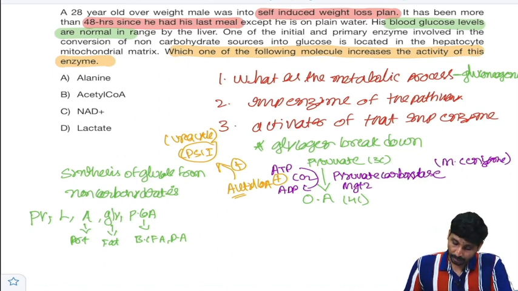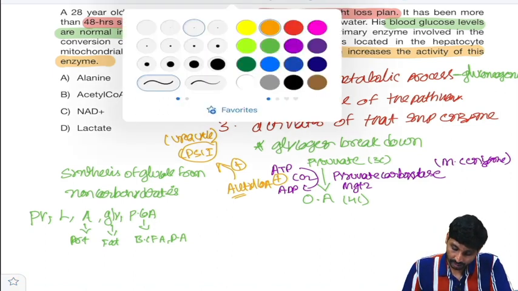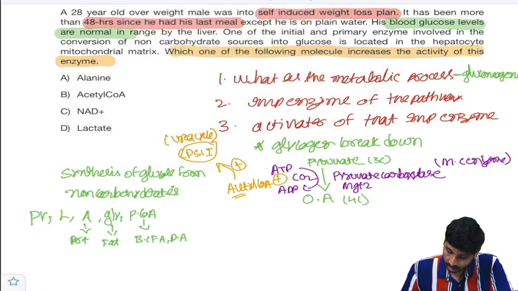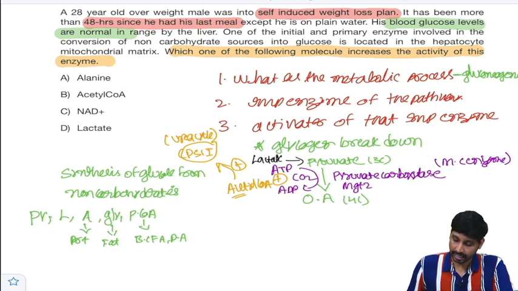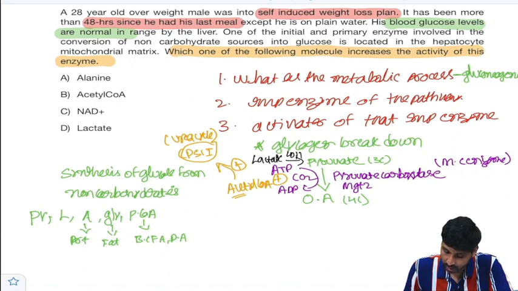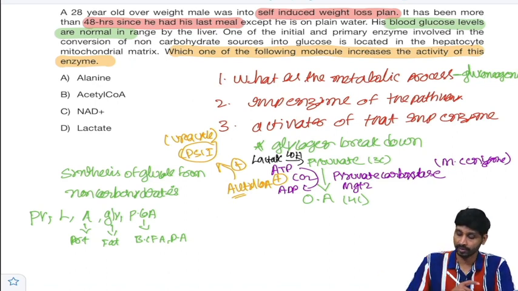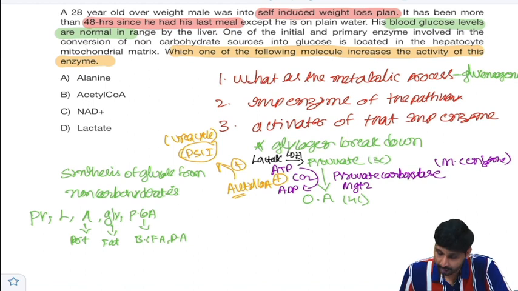We have said pyruvate has come, and one more thing here, lactate. Lactate can be converted back to pyruvate. What is the enzyme? Lactate dehydrogenase. It is a reversible reaction, lactate to pyruvate, pyruvate to lactate. And here oxaloacetate can also be formed from alanine, coming from protein breakdown.